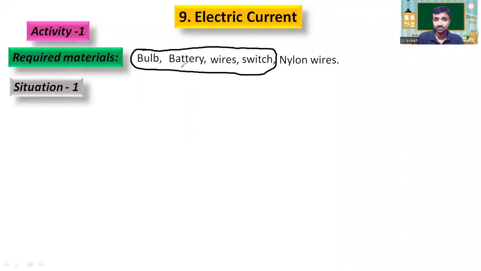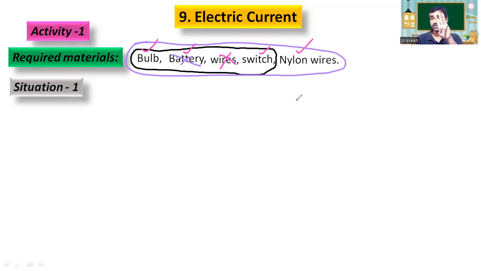In the second, except the battery, I am using the remaining components. In the third situation, I am not using copper wires; I use bulb, battery, switch, and nylon wires. These are the three situations I am creating.